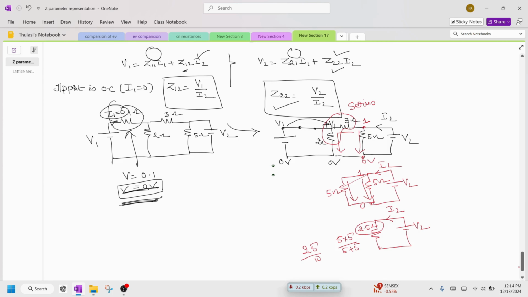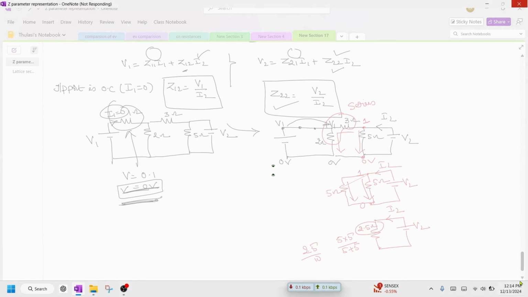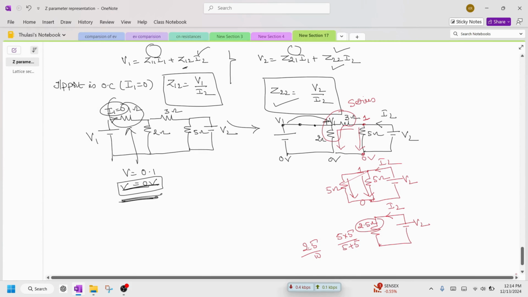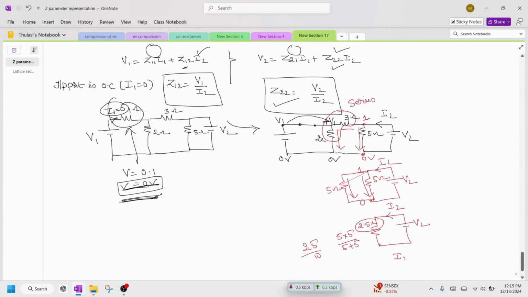So I require the current I2. So how to write down this current I2? So current I2 flowing from V2 to 0. Okay, so current I2 equal to V2, my high potential minus low potential, divided by 2.5.